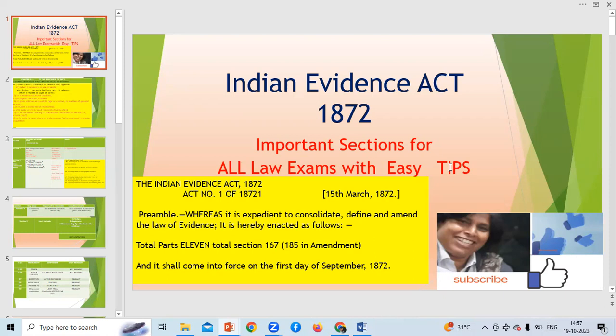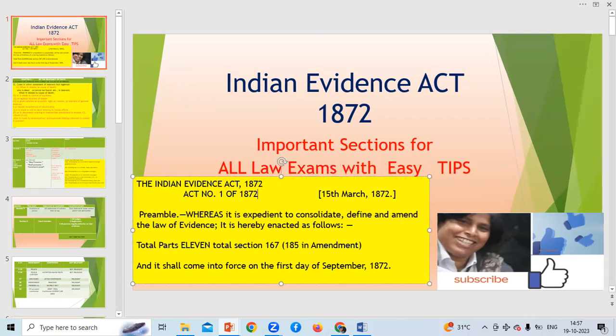So this Indian Evidence Act 1872 is Act number 1 of 1872. There is another Act, Act number 4 of 1872. You should just remember that it was enacted in the same year, and that is the Transfer of Property Act.